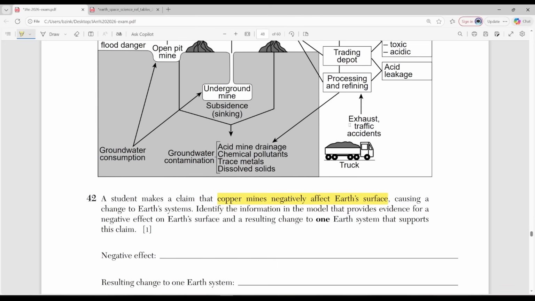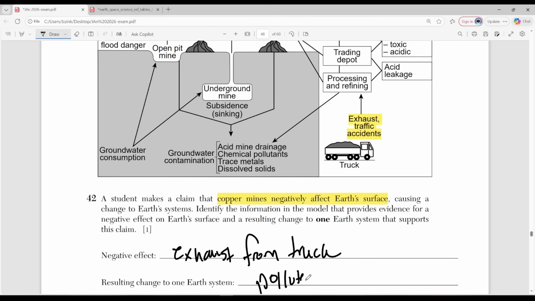Okay, I'm just going to make this so easy. Look, traffic, exhaust from the truck. That's what I'm picking. I don't even have to look at all this stuff. Negative effect: exhaust from truck pollutes the atmosphere.